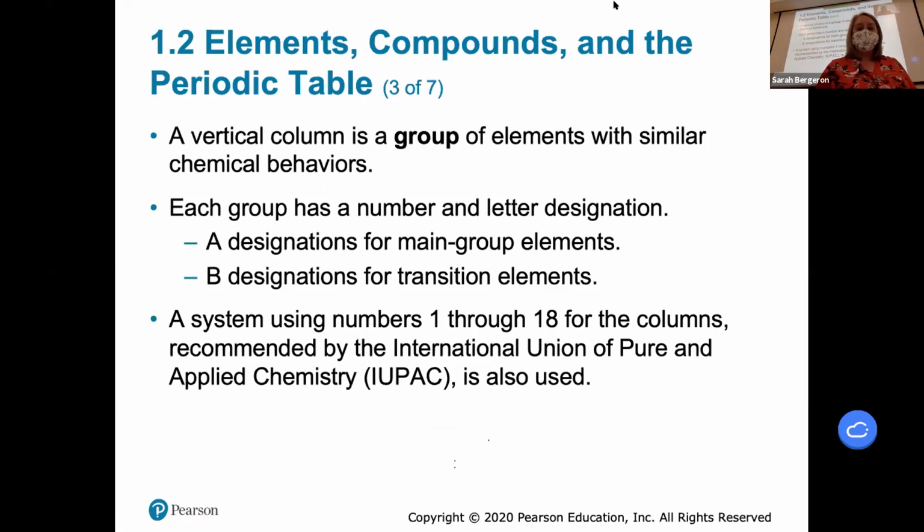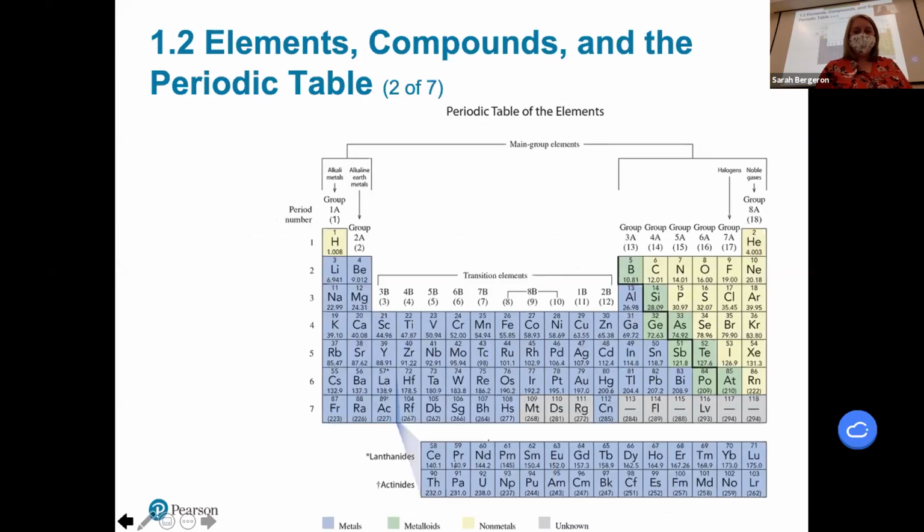So if we go back real quick to our, if I could go back. Oh, I know I'm going to click and it's going to advance. There we go. So if we look here, if I said period 5, are the things in period 5 similar? Well, over here in the yellow, we have nonmetals. Over here in the blue, we have metals, and over here in the green, we have metalloids. Do you think metals and nonmetals behave similarly?